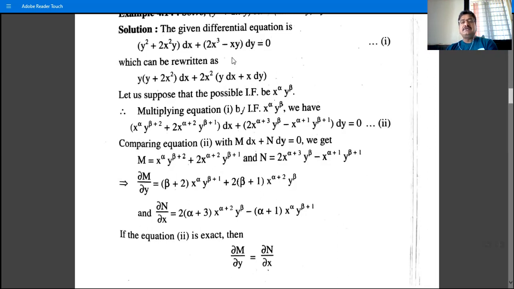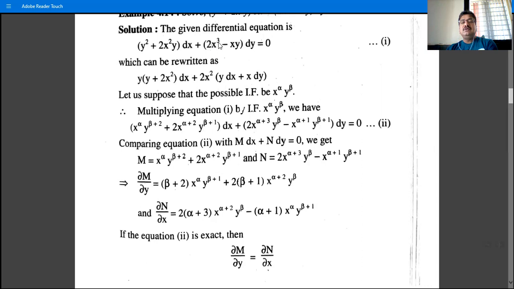So multiplying equation 1, this given equation, by x^alpha y^beta, we have x^alpha y^beta into y^2 is x^alpha y^(beta plus 2), since the base is the same and the powers add. Then x^alpha into x^2 is x^(alpha plus 2), and y^beta into y is y^(beta plus 1), dx.